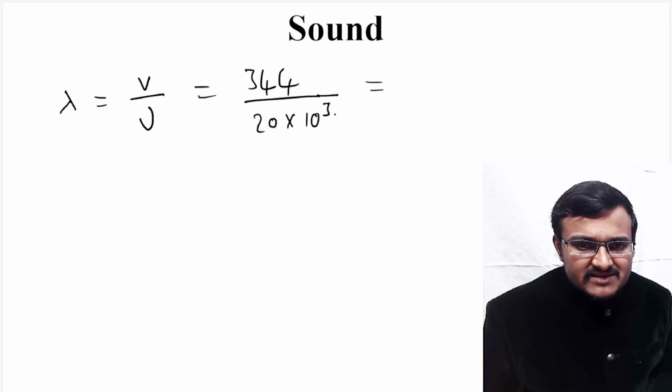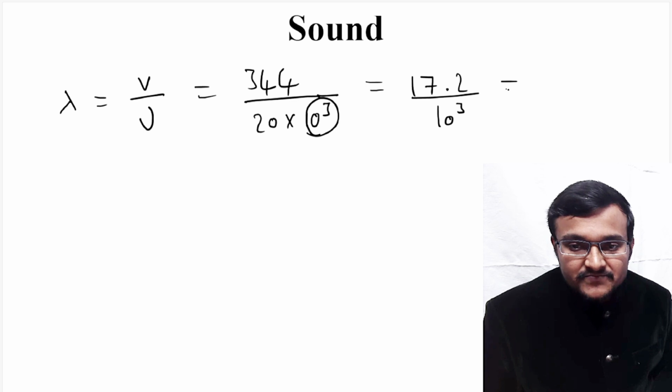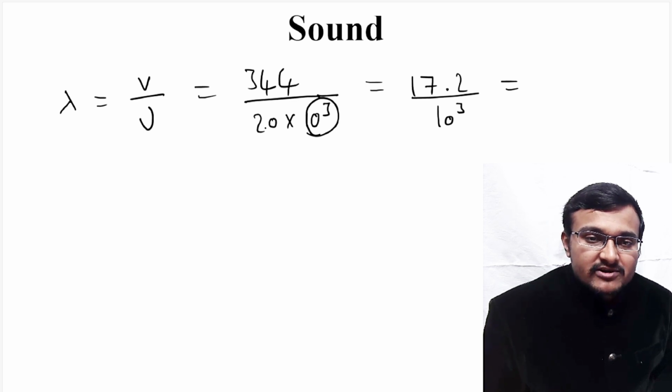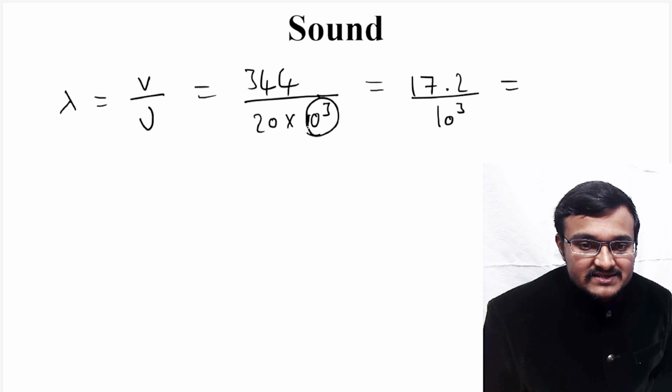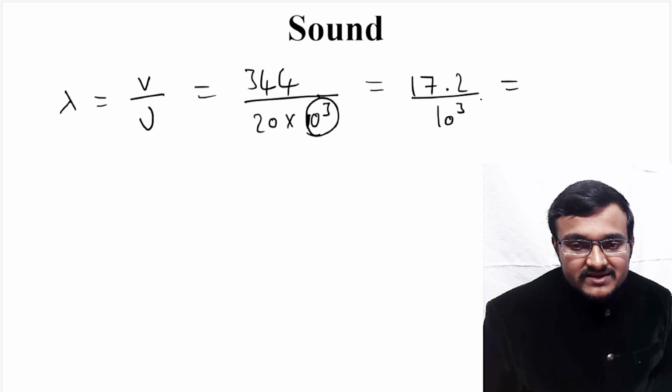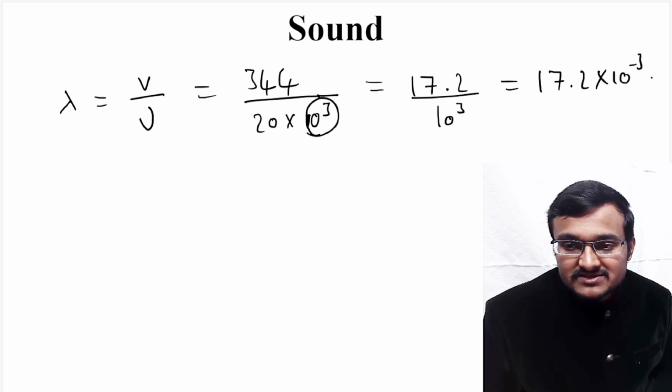So the same thing will be there here also, that is 17.2. But this 10 power 3 is also there. So that 10 power 3 will be there in the denominator, because I am doing 34 divided by 20. So 34 divided by 20 is 17.2 and 10 power 3 is there. So 10 power 3 will be there in denominator. When it comes to numerator, it becomes 10 power minus 3. 17.2 into 10 power minus 3 meter.